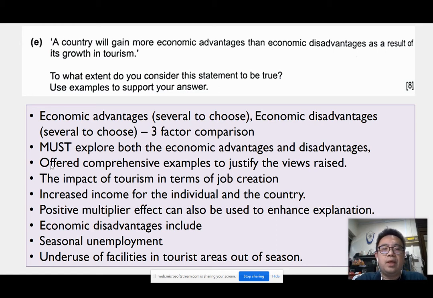So what are some of the positive impacts that you can talk about economically? Of course, you can talk about job creation, right? You can bring in the multiplier effect, how job creation for one particular type of person will lead to a larger scale enhancement economically for the country itself. Job creation, also very interestingly, you can talk about direct and indirect types of jobs that benefit from tourism.